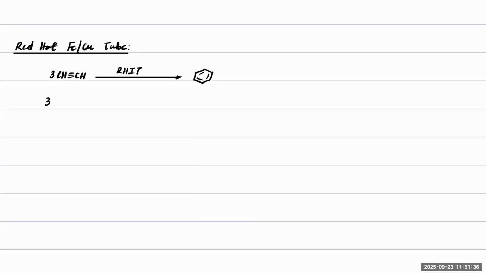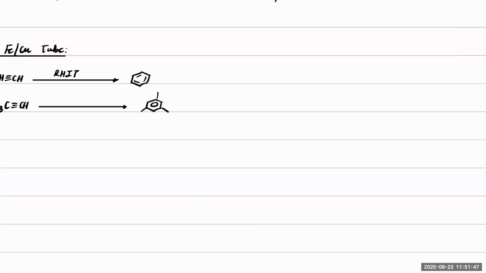If I take 3 moles of CH3C triple bond CH, which is propyne, the propyne will convert into mesitylene. This is mesitylene. Okay. If you have 3 moles of substituted alkynes here, that would make complete methyl groups on benzene, hexamethyl groups. Okay. This is what happens with red hot copper tube. Clear?